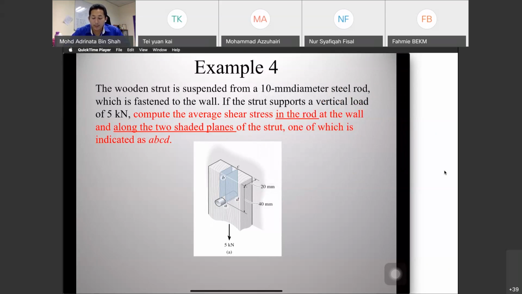So the rod AD is the steel rod, which is fastened to the wall. If the strut supports a vertical load of 5 kilonewton, this is what we call vertical load.